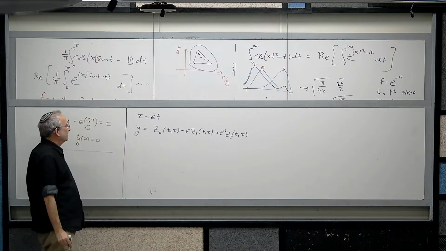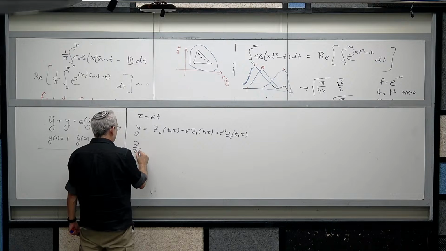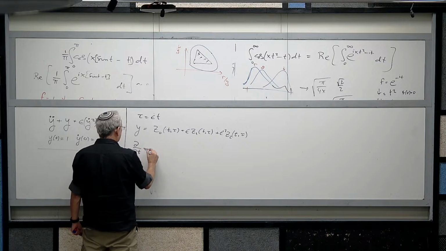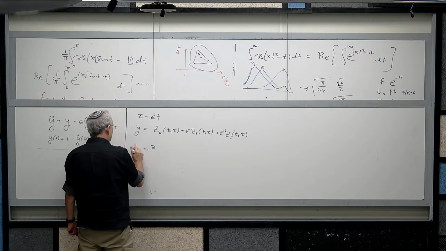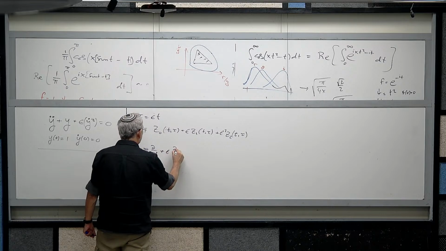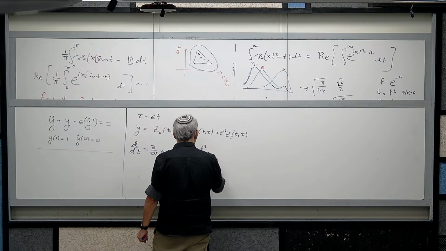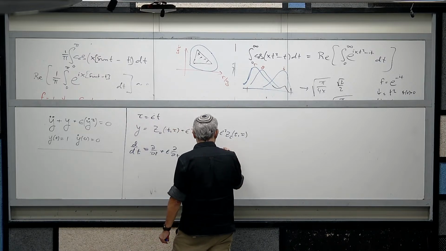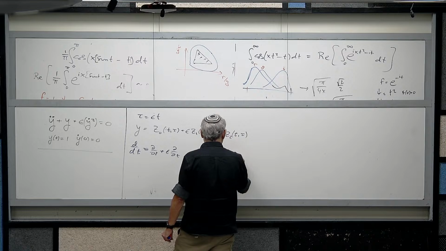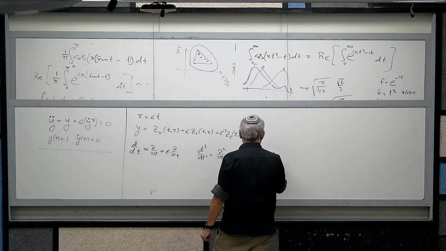Another thing that we have to remember is that d dt is actually dou dt plus epsilon dou d tau. And by the same token, d2 dt squared is dou 2 dt squared plus 2 epsilon dou 2 dt d tau plus epsilon squared dou 2 d tau squared.